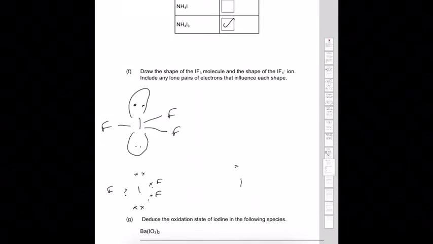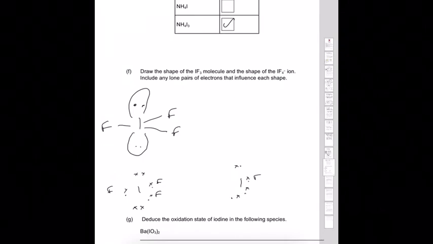Right, if we look at the other one, we've got IF4 minus. So it's also a minus ion, so it's gained an electron. The reason it's done that is because it's pairing up its electrons.